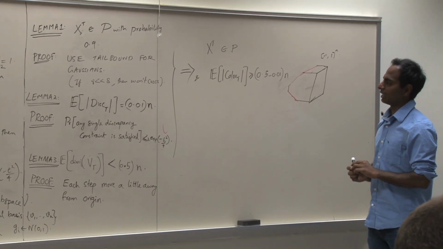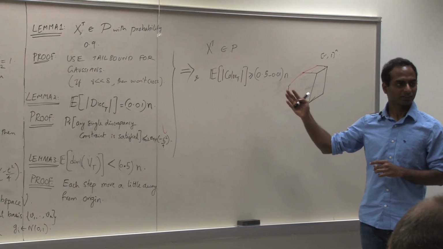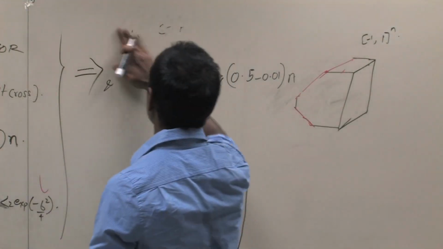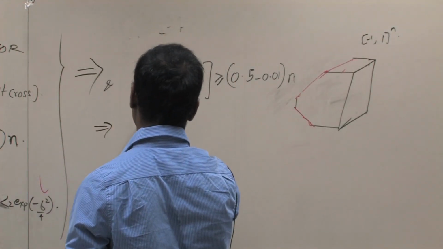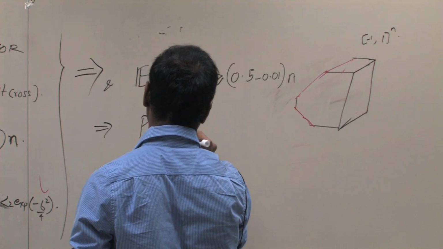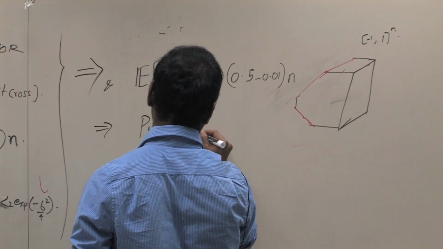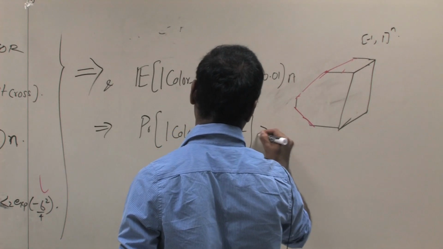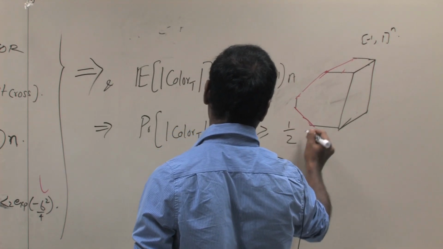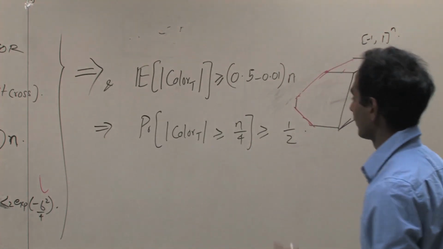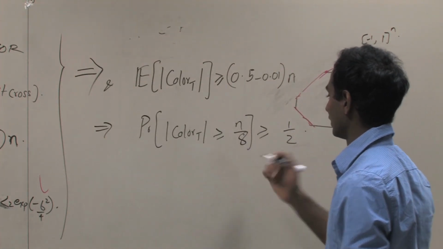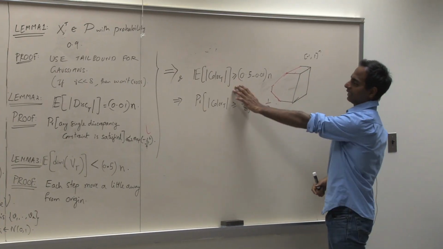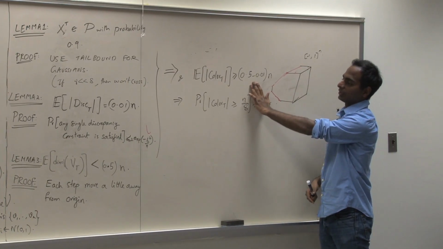Okay. So now I can use Markov's inequality again and say that at least... let me just put an over here. Okay. So I know that the expectation is roughly n over 2.